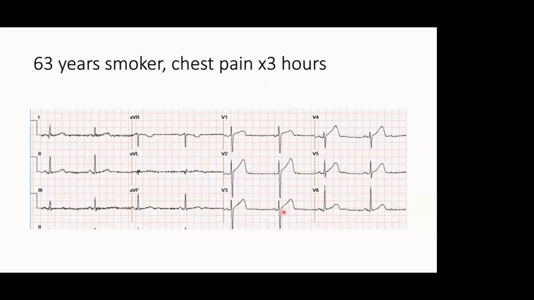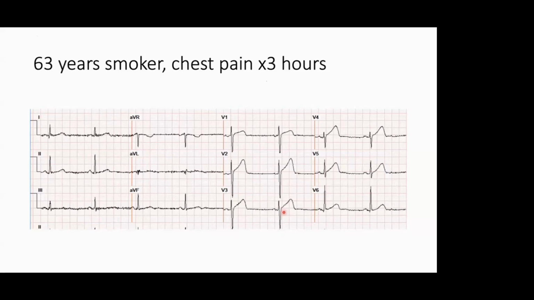V2, V3, V4, hyperacute T wave. Yeah, same as the previous ECG, because we see this repeatedly in clinical practice. When we have doubt in diagnosing, we should see all the 5 points to confirm whether it is hyperacute T or hyperkalemia, because hyperkalemia will also have a hyperacute-like T wave.